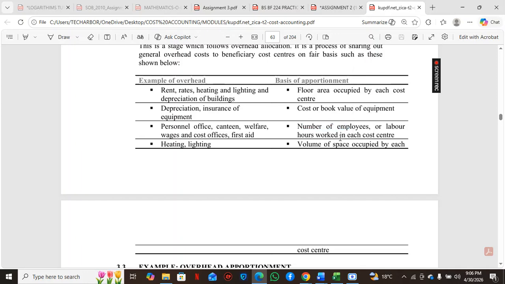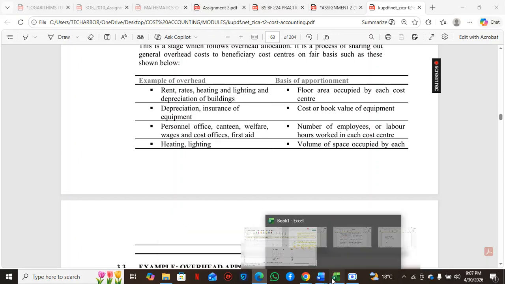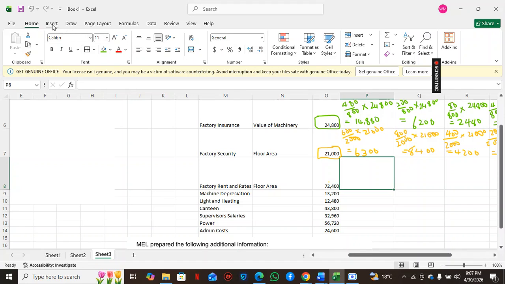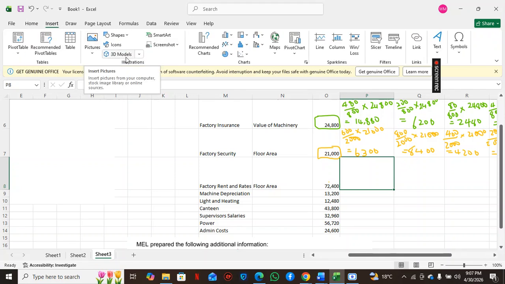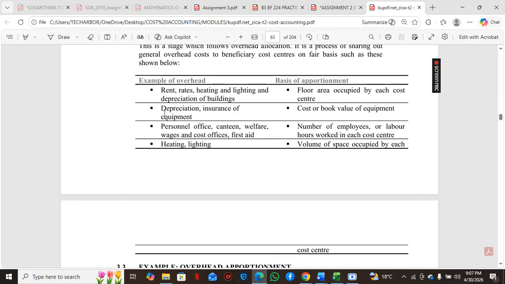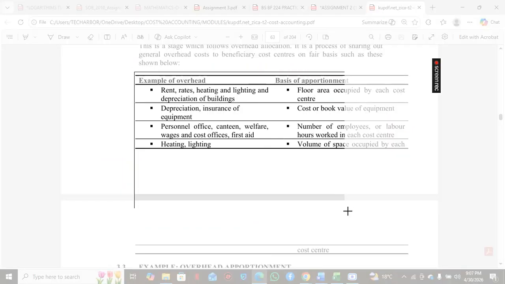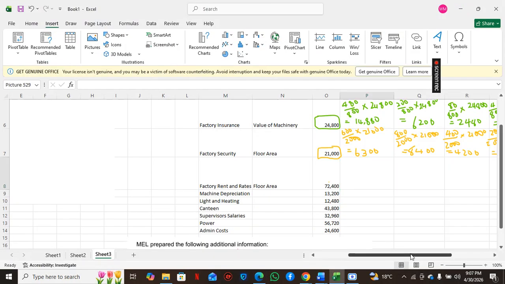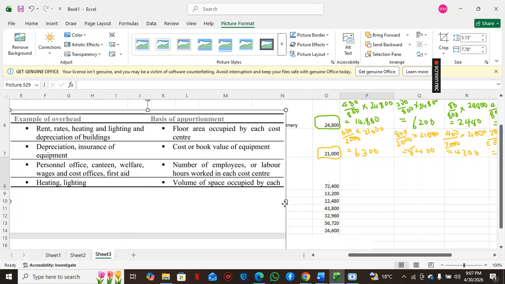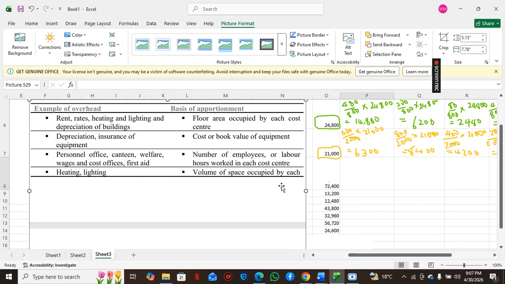So maybe can we say that security falls under personnel office? Because I haven't seen security here. But do not worry, colleagues, you won't be penalized, because we used floor area. There's some connection. Just don't use a basis that has got no connection. So colleagues, you can get a photo of this table here.